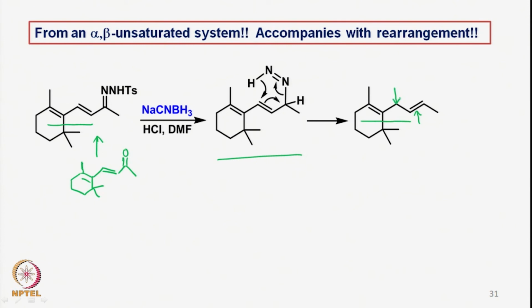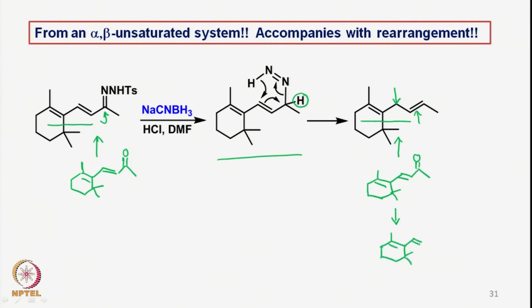So the original hydrogen had come at this stage here, this should be blue in color, and then we have a rearrangement. That means we started with this molecule in which we had the carbonyl group like this, and eventually what we have got is this. So it is not only the reduction of the carbonyl group to the corresponding hydrogens, which we would have expected to give something like this.